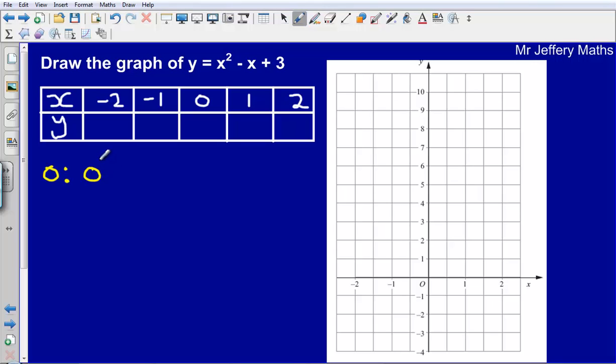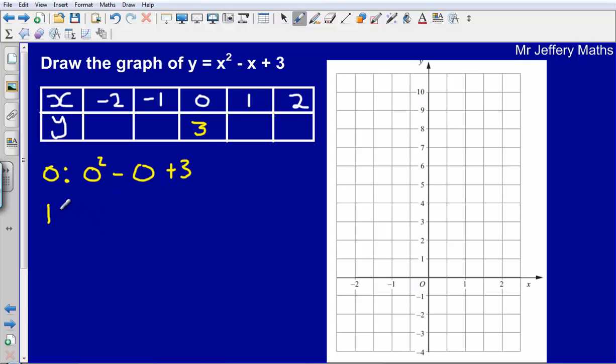The calculation I need to do is 0 squared, because remember that all I'm doing here is replacing my value for x with the x in my equation. So 0 squared minus 0, add 3. That gives me an answer of 3. 0 squared is nothing, minus nothing, add on 3 gives me 3.